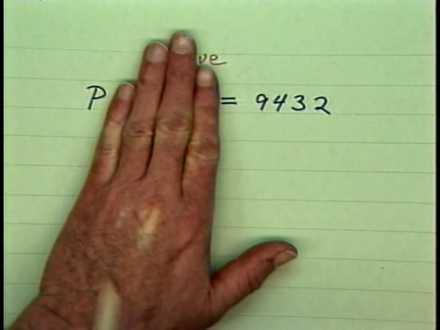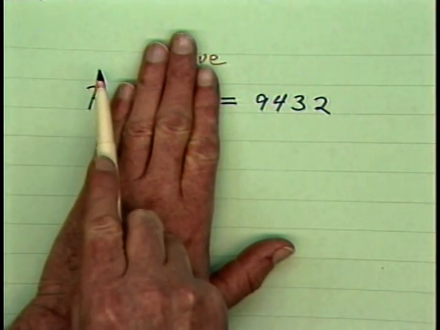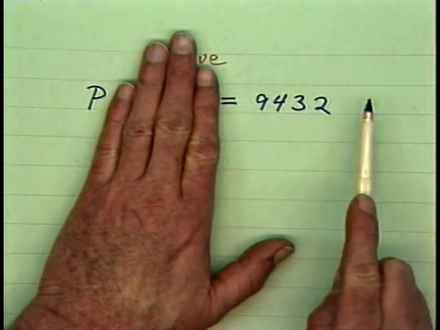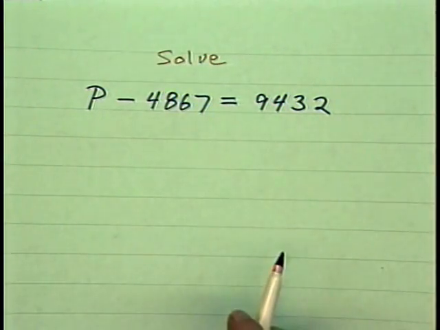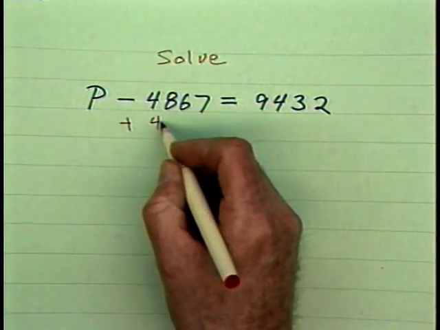So at this stage, we simply want to think of this as doing something to undo that and isolating the P so that the sentence will read P, whatever P will stand for, is something. So we recall that to undo subtraction, you add.